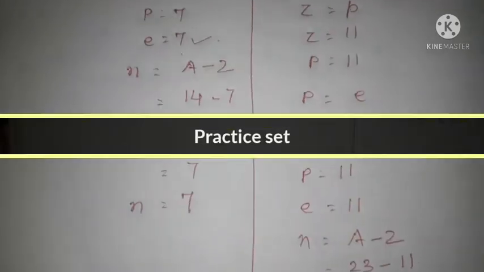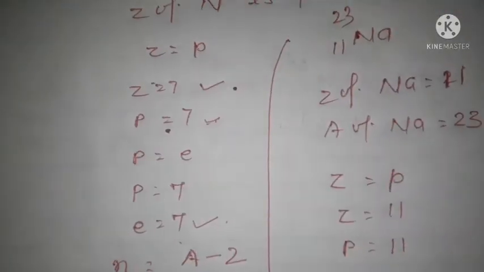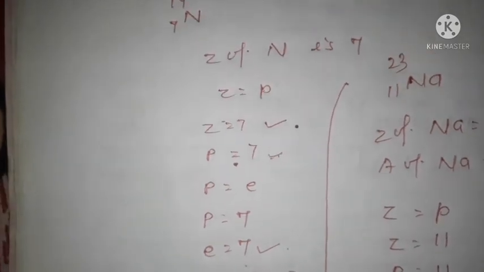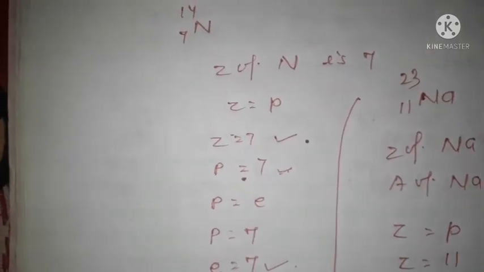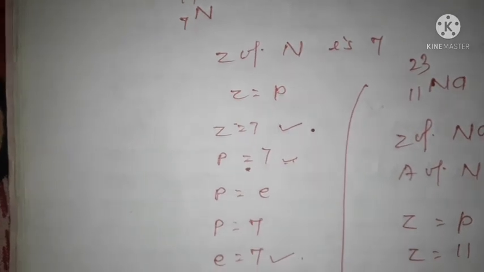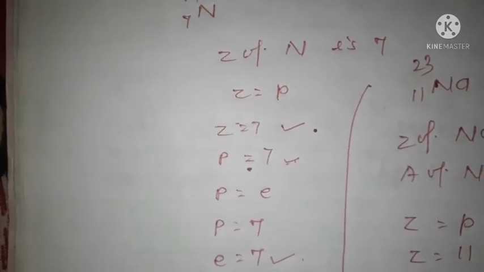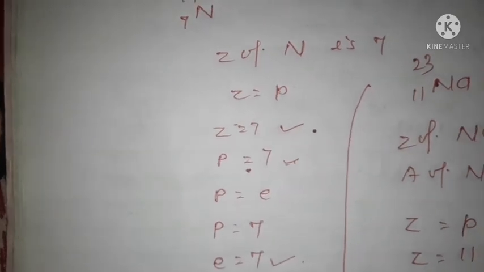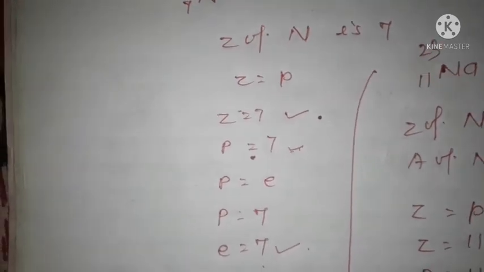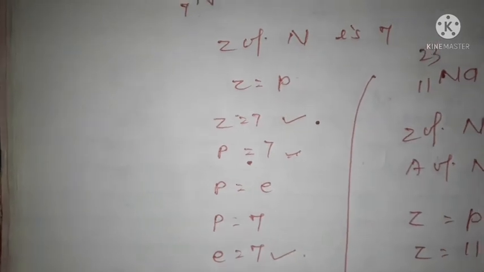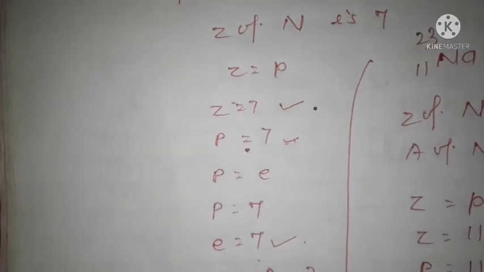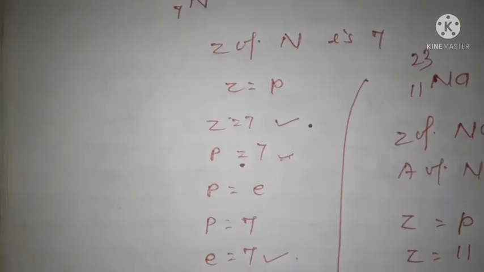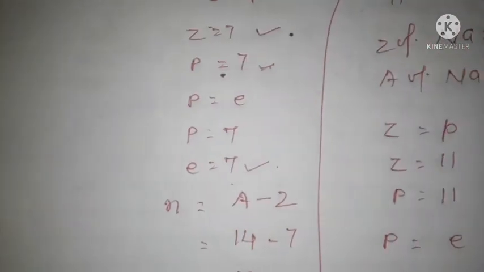In this way we derive the number of protons, electrons and neutrons from the given sodium element. We are providing practice for evaluating yourself: Z as atomic number, A as atomic mass, number of protons, electrons and neutrons from given elements.